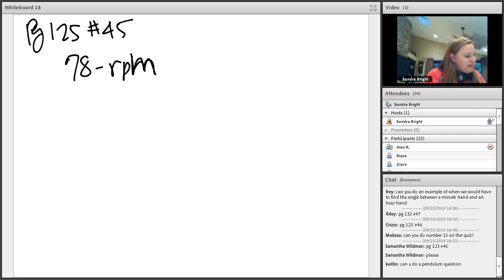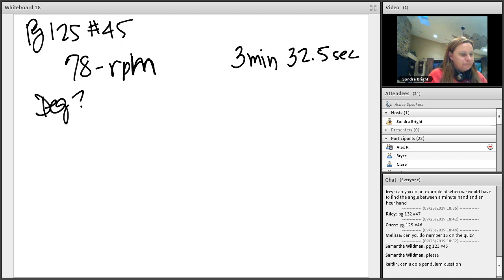Okay, so a 78 RPM phonograph record has a playing time of 3 minutes and 32 and 1/2 seconds. Through how many degrees does it rotate during its playing time?